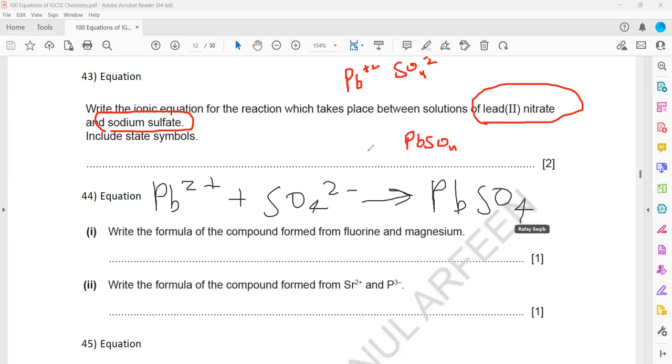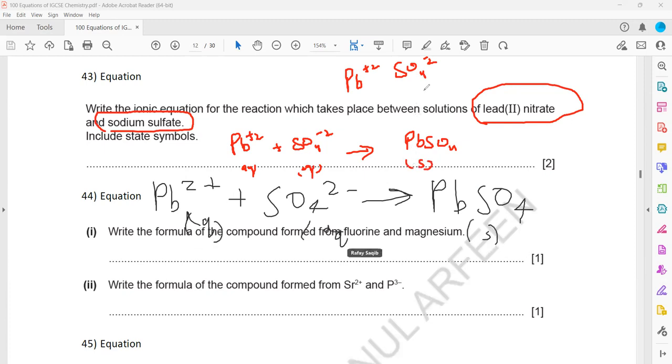So if lead sulfate is PbSO4, what are the ions that react? There will be a lead ion and a sulfate ion. And we need the state symbols. Ions are always aqueous and the precipitate which is formed is always solid. So if they ask for an ionic equation, we just include the ions which form the precipitate.